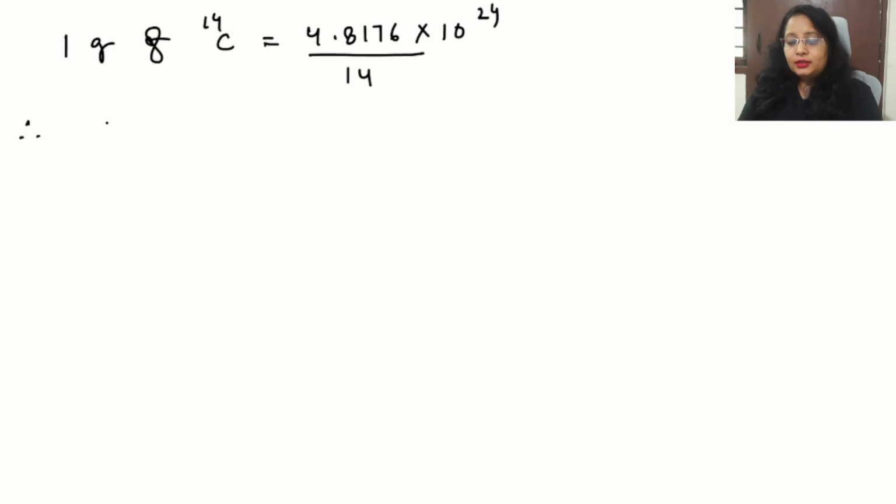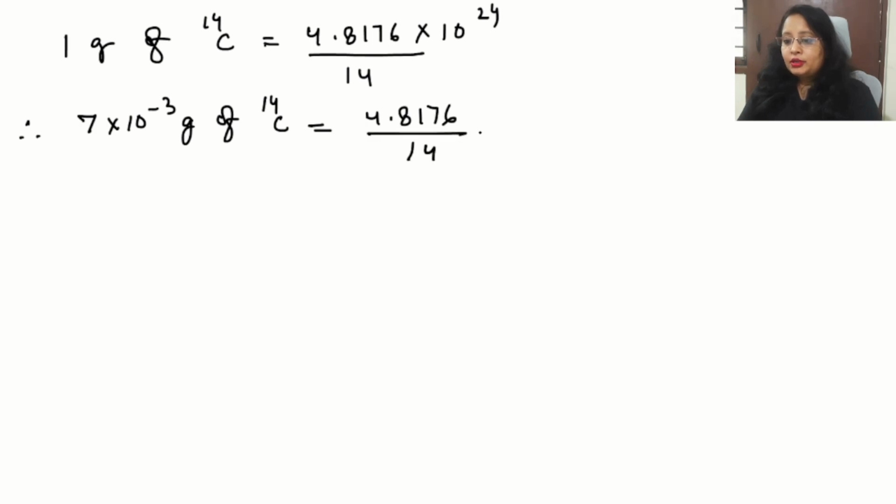Now, so that in 7 milligram we can write 7 into 10 to the power minus 3 grams of C14. Why? Because we are using grams, so 7 milligram we will change to the gram. In 7 milligram, 4.8176 divided by 14 into 7 into 10 to the power minus 3.